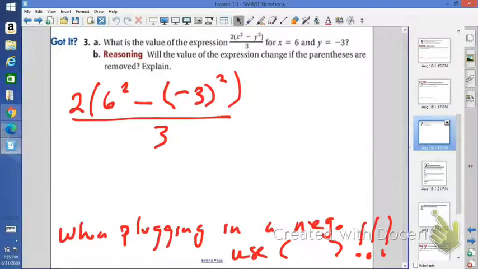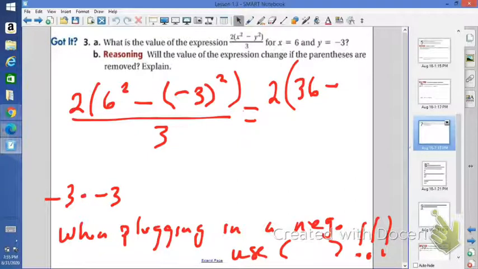Okay? All right, now our order of operations. Please excuse my dear Aunt Sally, so let's do what's in the parentheses first. So we have 2 and then times. In parentheses we have 6 squared, which is 36. And then we have minus. So what is negative 3 squared? Negative 3 squared is negative 3 times negative 3.